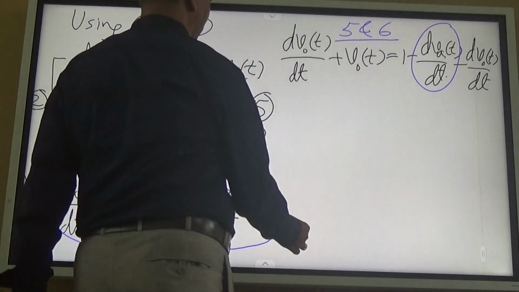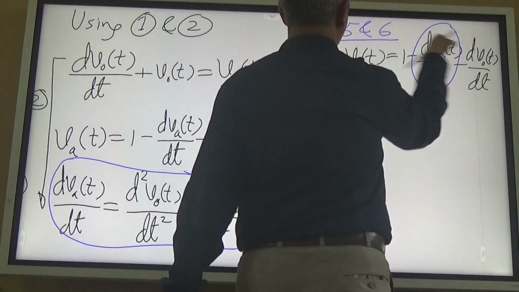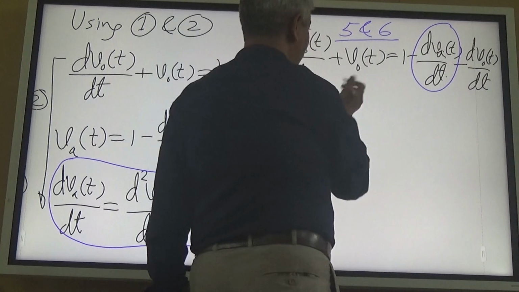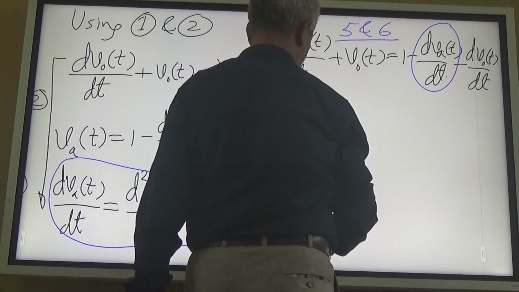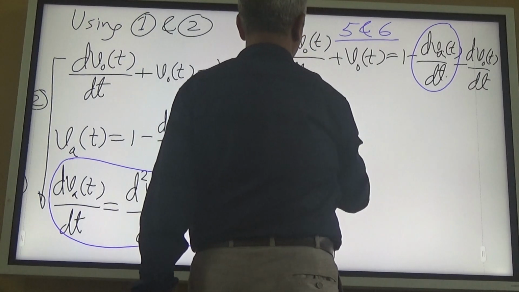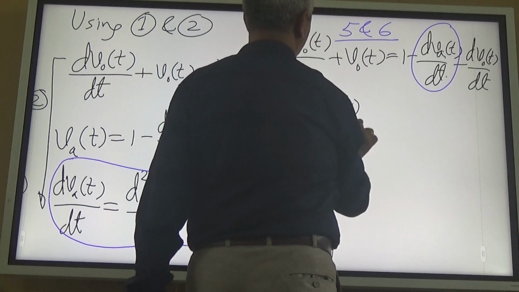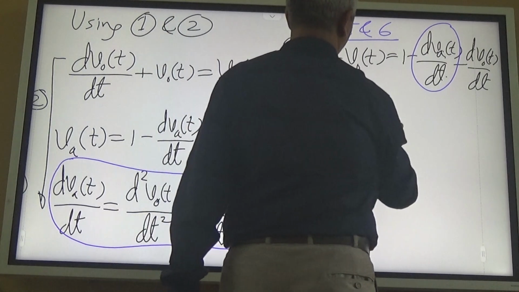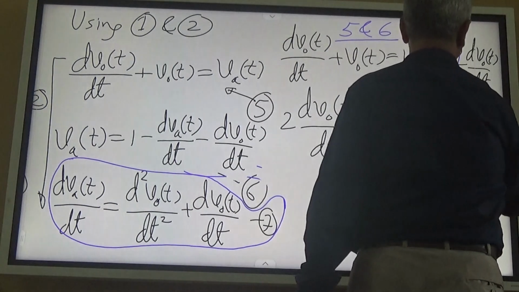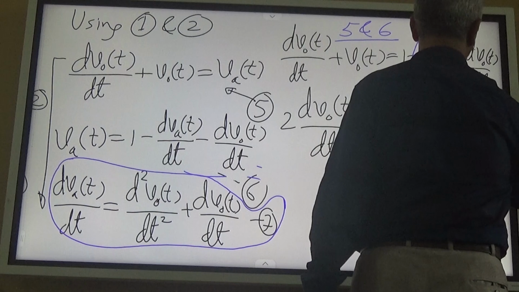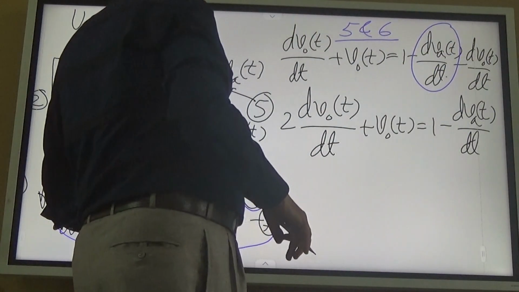Before putting it, this dVOT comes on the other side first. So I will rewrite this first: dVOT upon dt plus VOT is equal to 1 minus dVAT by dt. This on the other side, and now I put this.